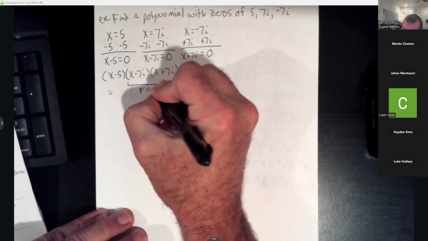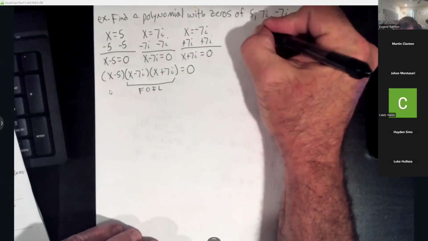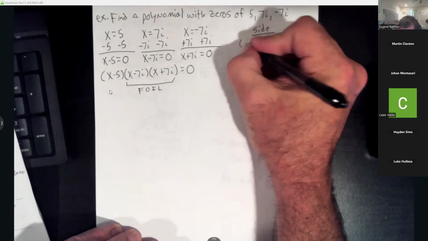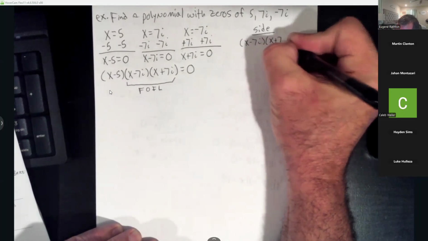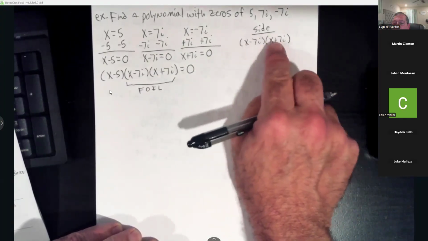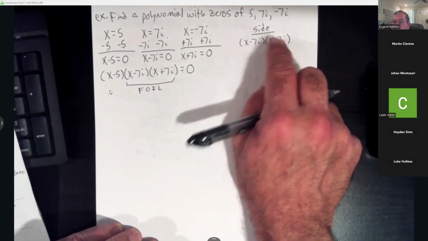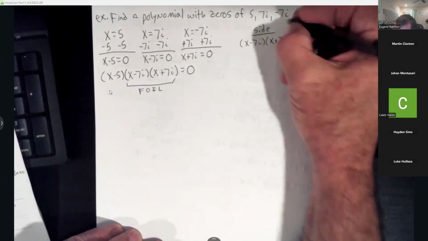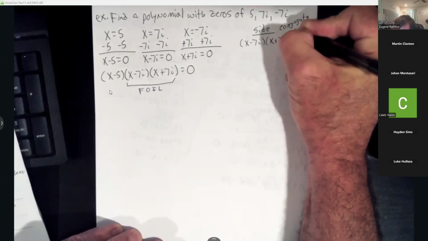So I'm going to FOIL those first. Let me give you a little story about these. I got an x minus 7i times an x plus 7i. When you got two binomials that match other than the subtracting and adding, we call these conjugate pairs.